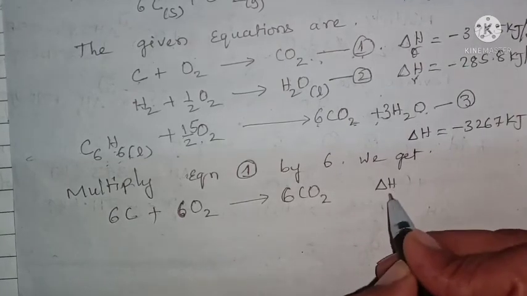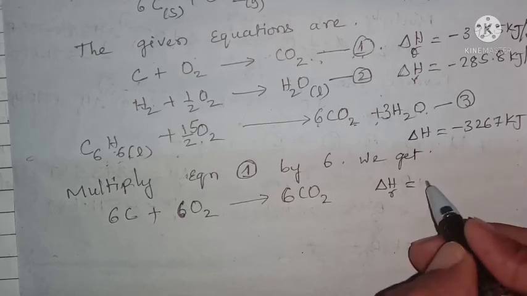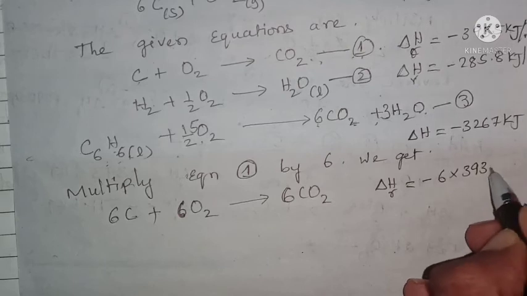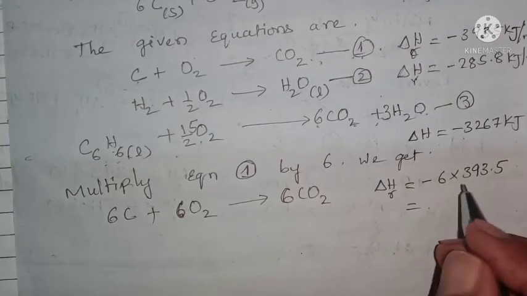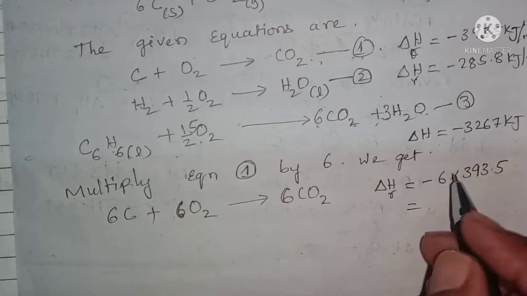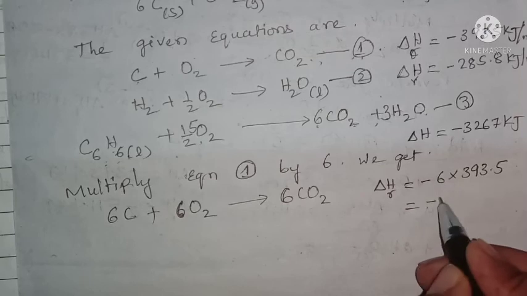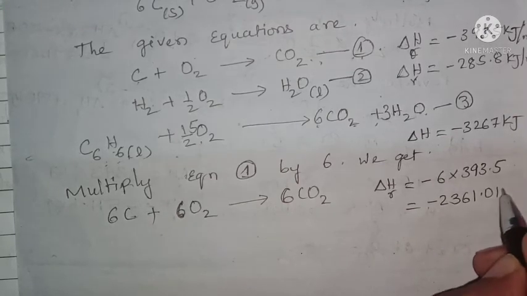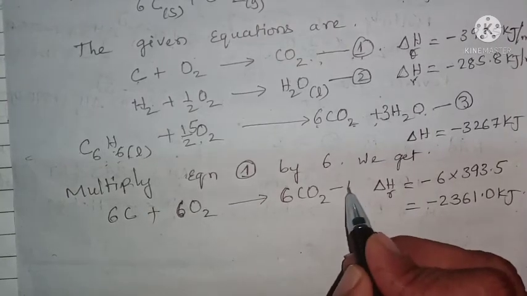Delta H for this reaction is equals to minus 6 into 393.5. On multiplication, I will get minus 2361.0 kilojoules, and consider this equation as 4.